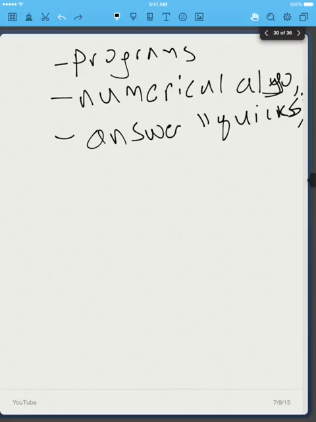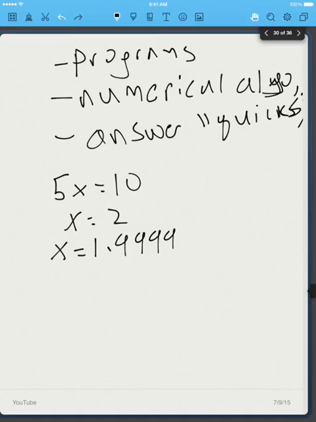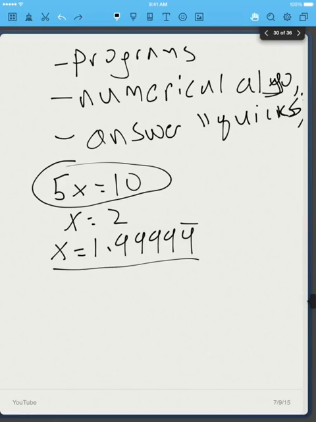So some people are interested in, if we go back to the example 5x equals 10, they're interested in x equals 2. Whereas the numerical analysis person would be perfectly fine with this, because even though this guy doesn't satisfy the equation, it's very close, even though this satisfies it.